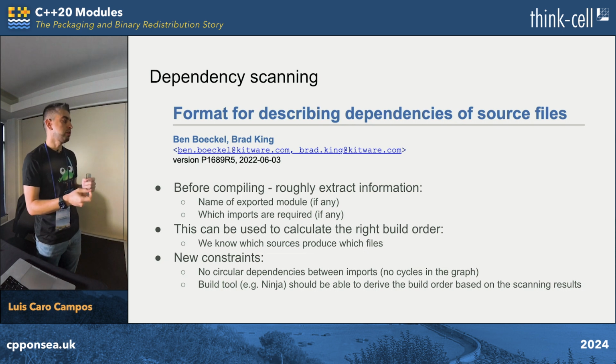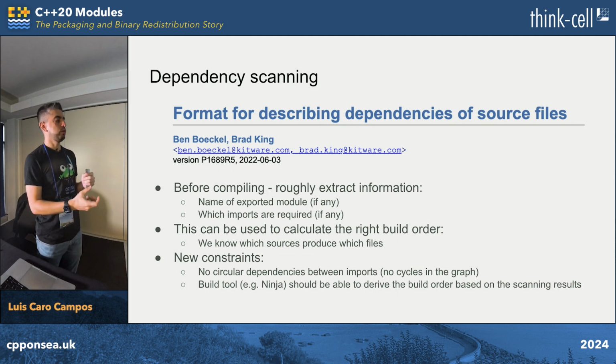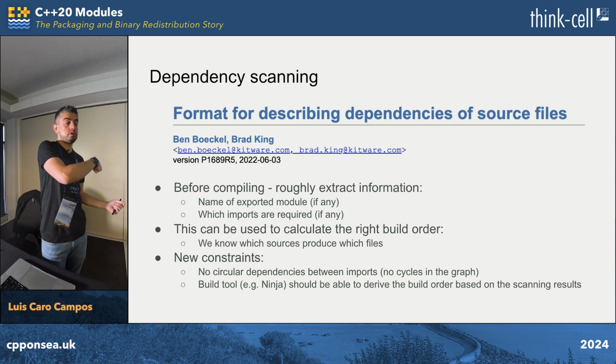Now, the last bit that we need for this to work is that typically on a makefile or a Ninja file generated by CMake, the build order is already known at generation time. But with this, we now need to run that first pass ahead of the compilation of the files, and then reorder the build order on the fly based on the information that we had.